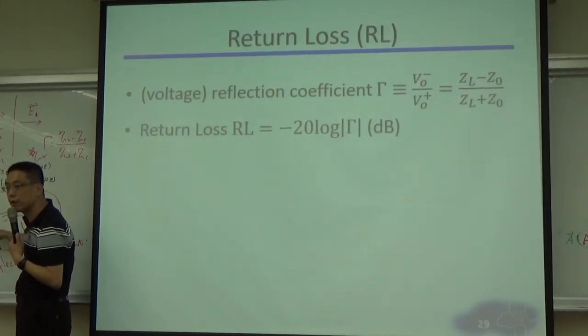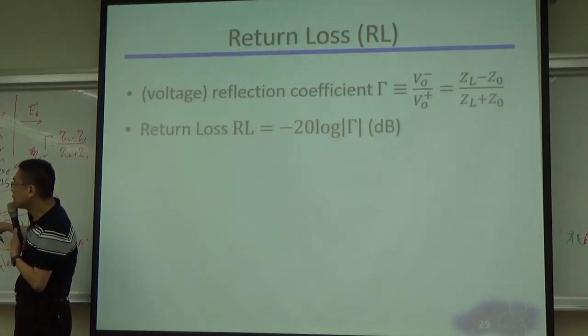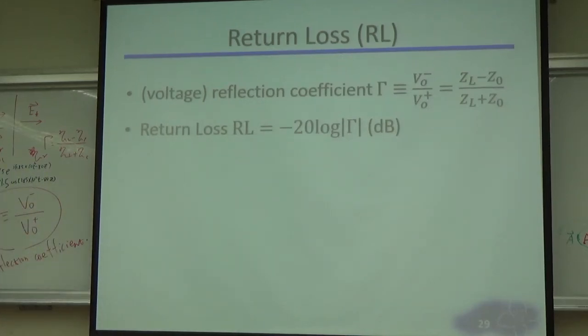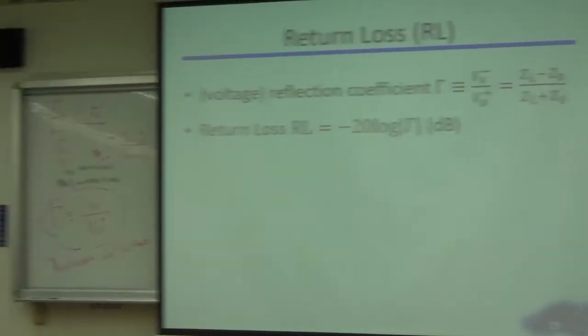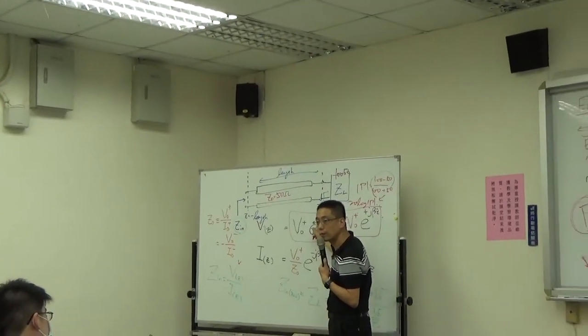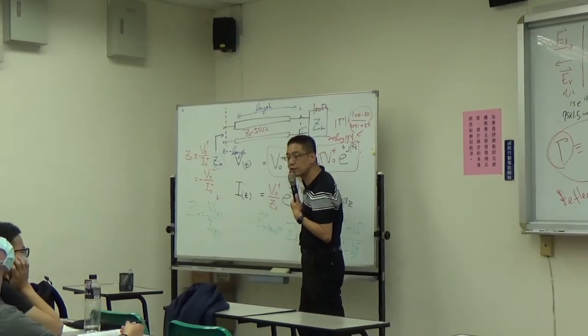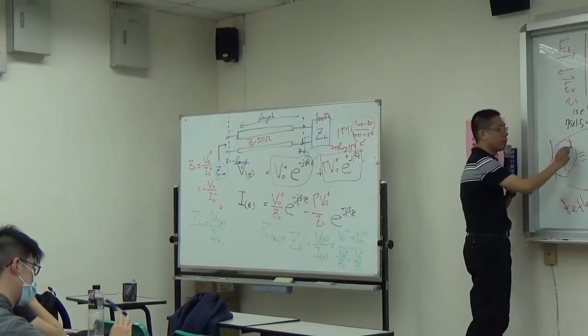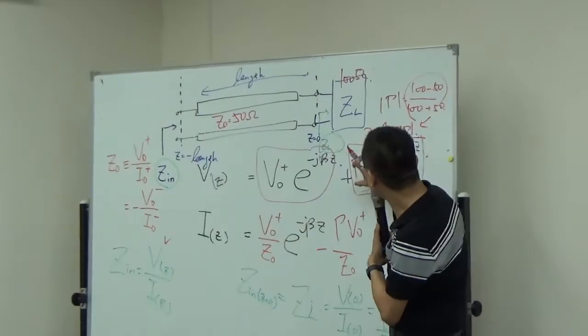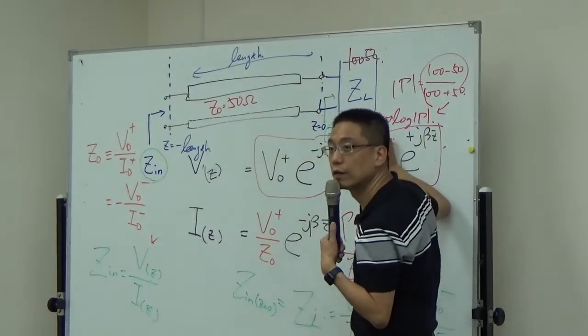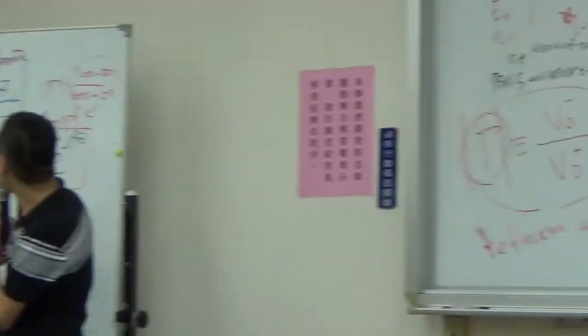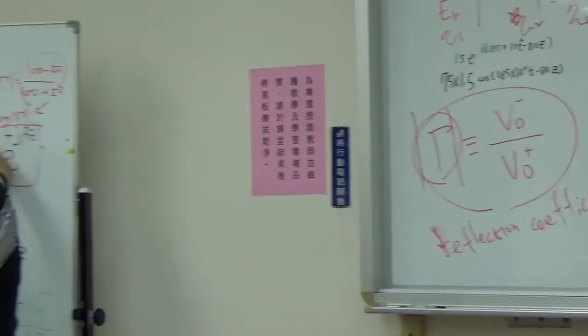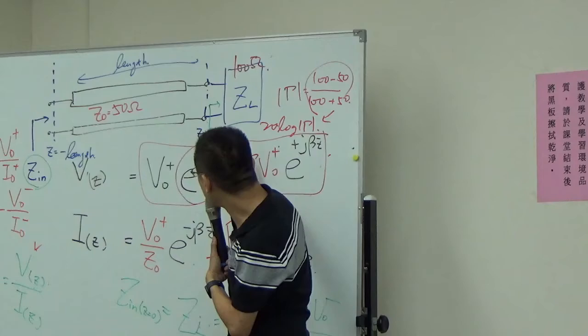Gamma can be complex, because this term over this term can be complex. But if you want to see only the value, if you take the absolute value of that, you can use only this term. Remember, we calculate this one at z equals 0, so you don't have the phasor problem, right?